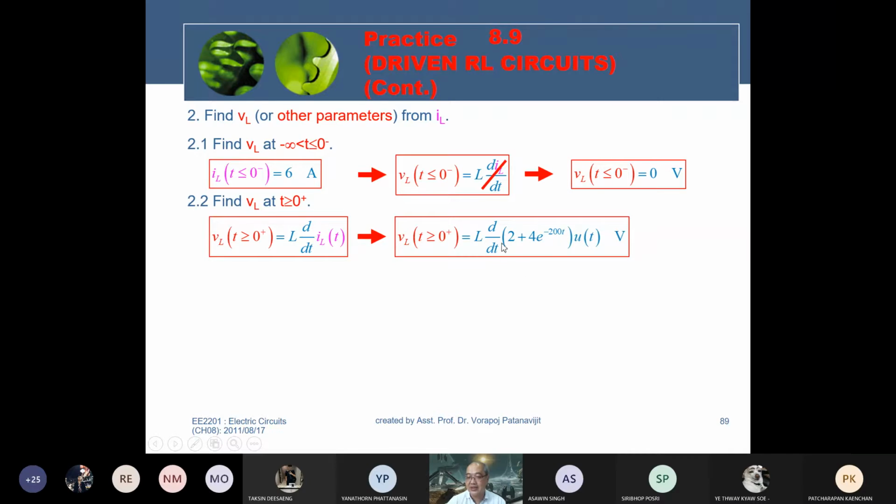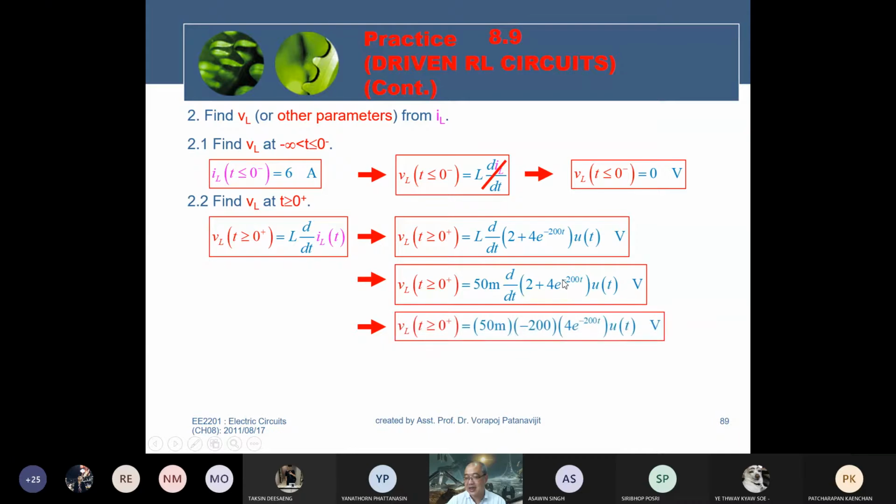Take the derivative of this. Take the derivative of the first term: 2 is constant, right? It gives you 0. Take the derivative of the second term, e^(at). The derivative of e^(at) gives you a·e^(at). And a in this case equals minus 200.